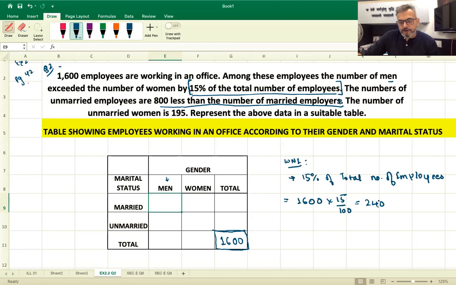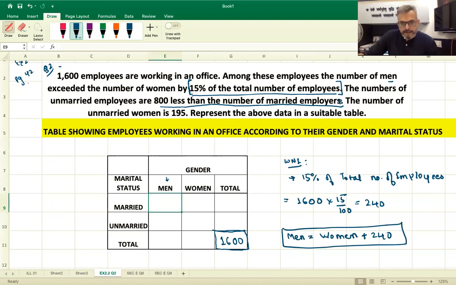Now total 240, it means what? The number of men exceeded the number of women. So the number of men is equal to the number of women plus 240. How?